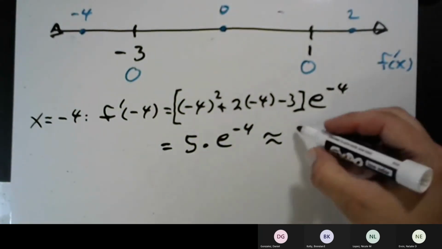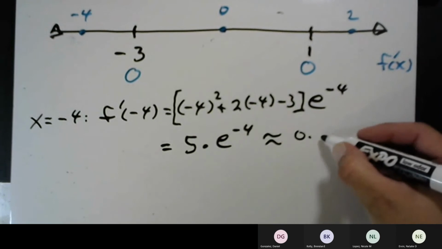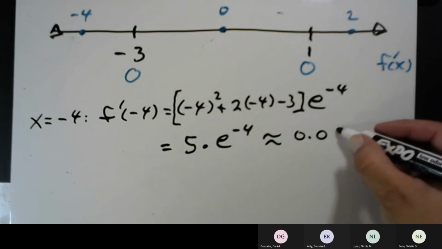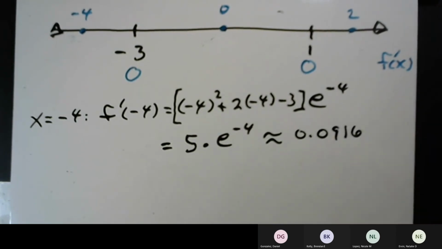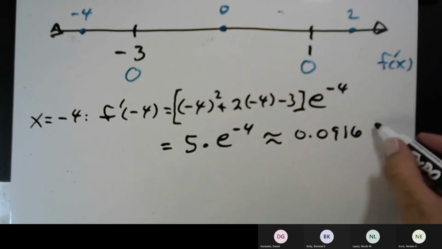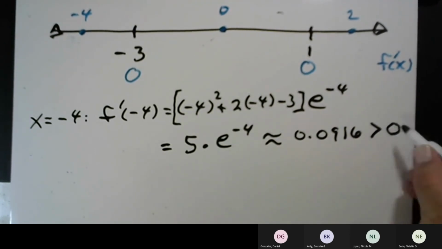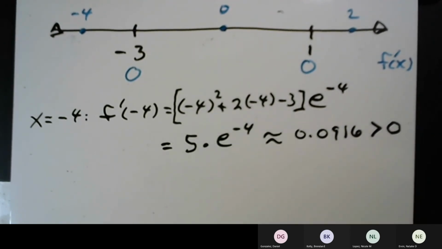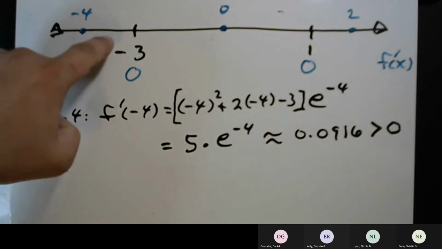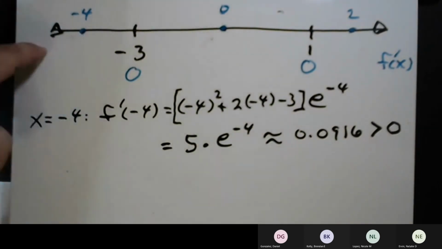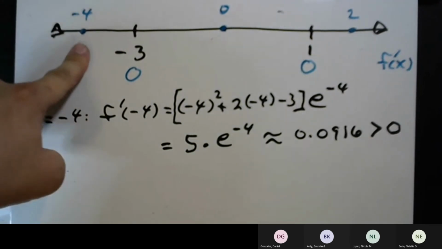It's going to be a very small positive number, 0.916. But the key thing is it's greater than 0. So that means we're going to consider this entire interval containing -4 to be positive.